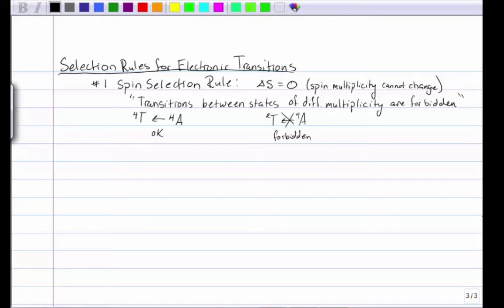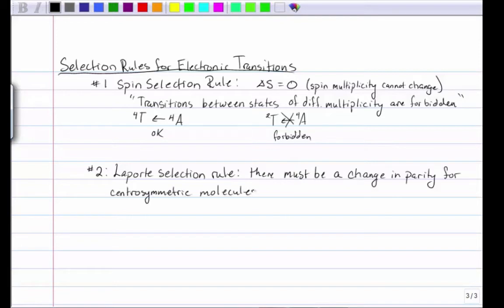Okay. So the second spin selection rule, the second selection rule is called the Laporte selection rule. And this one says that there must be a change in the parity for centrosymmetric molecules. What's a centrosymmetric molecule?